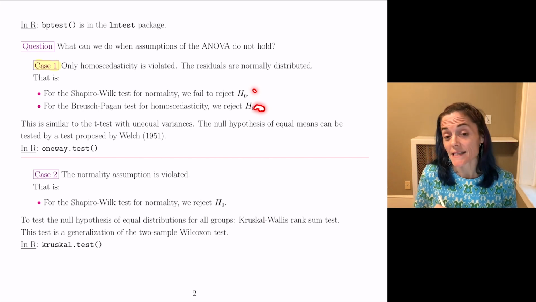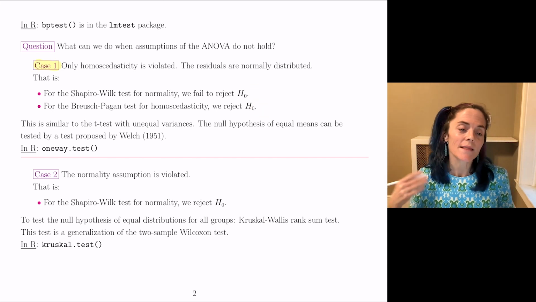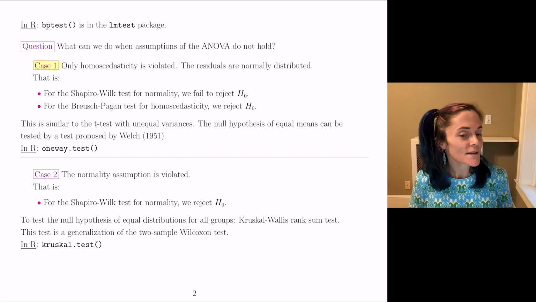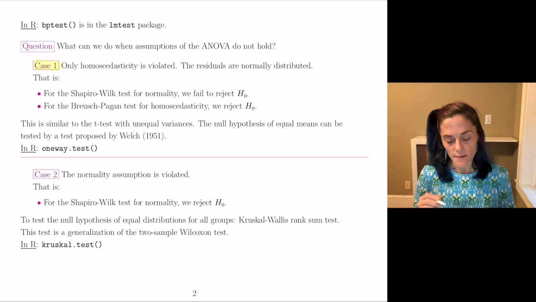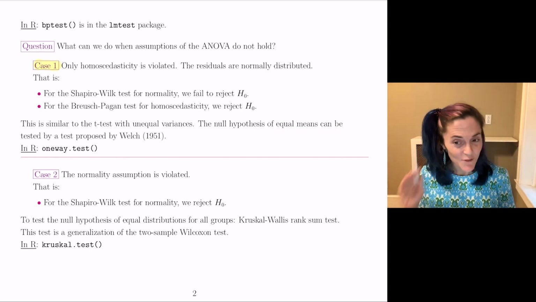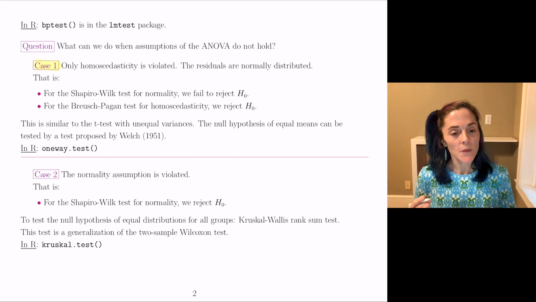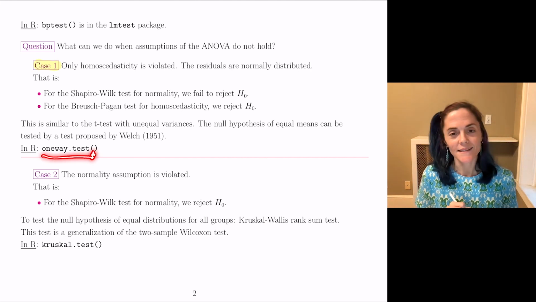For the Breusch-Pagan test, we will reject its H0. So in this case, the situation is very similar to when we had a t-test with unequal variances. This null hypothesis of equal means in the G groups can be tested by a test proposed by Welch. And in R, it's right here, this oneway.test.